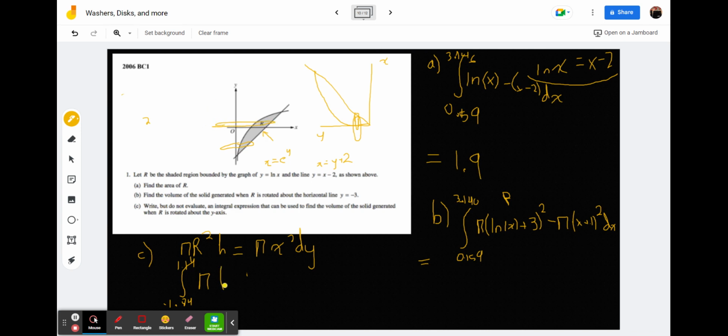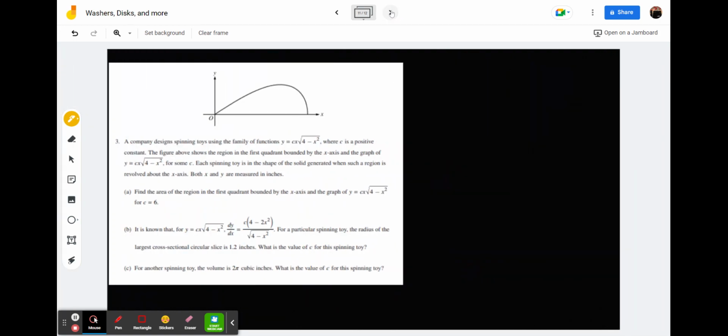So it's actually going to be pi times y plus 2 whole squared dy, minus these, pi e to the y squared dy. Okay. And it says do not evaluate, so we can just leave it like this.